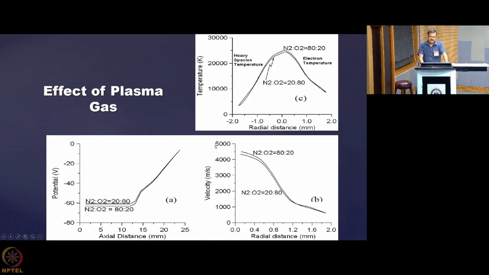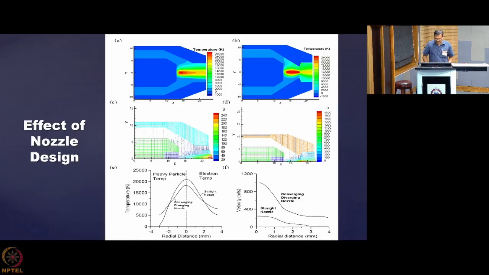Like here you see that velocity has gone to 4500 when I am using 80 to 20, but when I use the reverse composition like 20 to 80, I get a lower velocity, around 250 meters per second less. Here the temperature distribution is almost similar in the two cases. So we can predict that if you change the plasma gas, this is the kind of effect you are going to have.